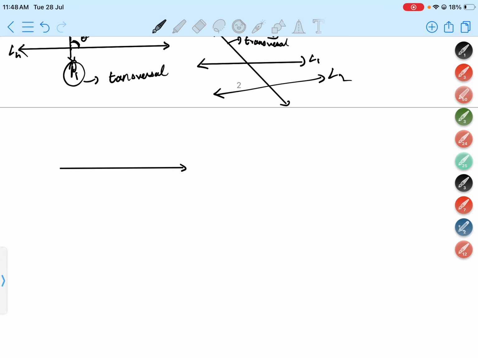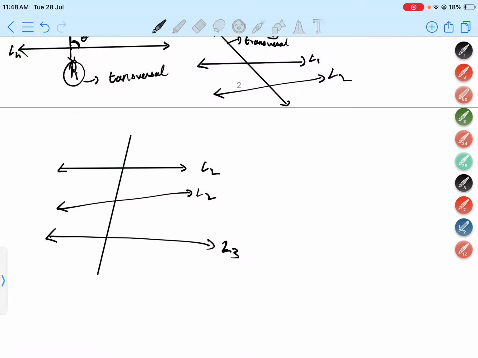So let's say this is my line L1, this is my line L2, this is my line L3. These are non-parallel lines, and if I have some line, let's say P1, which cuts each of these lines at A, B and C, so this P1 is the transversal line of the set of lines L1, L2 and L3.